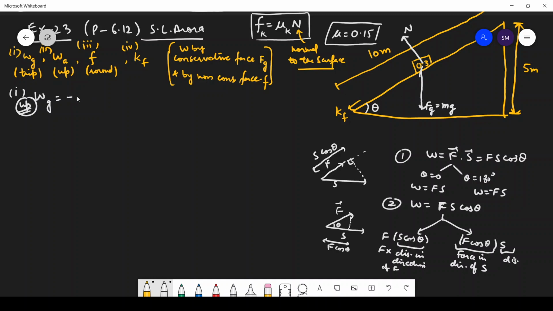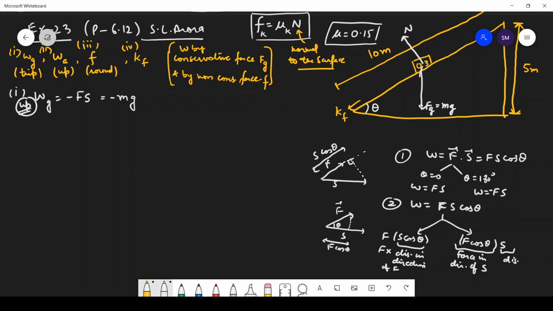So I can write it as minus Fs, right? But I told you that either take the force in the direction of displacement or take the displacement in the direction of the force. So force is mg, so minus mg, and how much is the displacement upward?